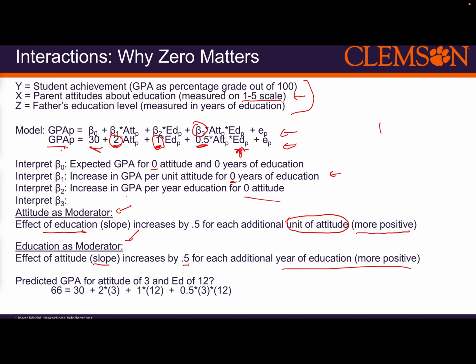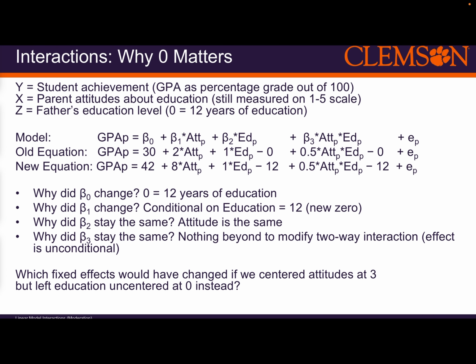And how would we predict the GPA for an attitude of 3 and an education of 12? We just plug in those numbers overall and we get our predicted GPA of 66. But note, again, the interaction here, beta 3, we talk about it as really governing beta 2 and beta 1, not the GPA itself. So it's kind of a meta-level idea.